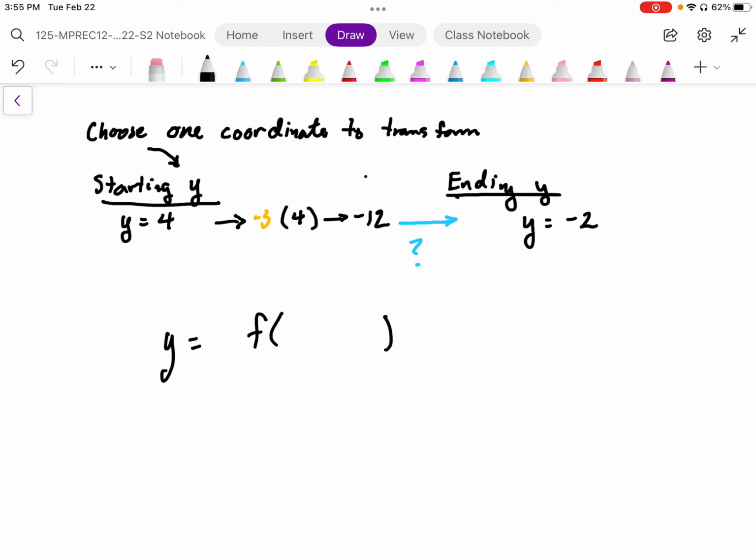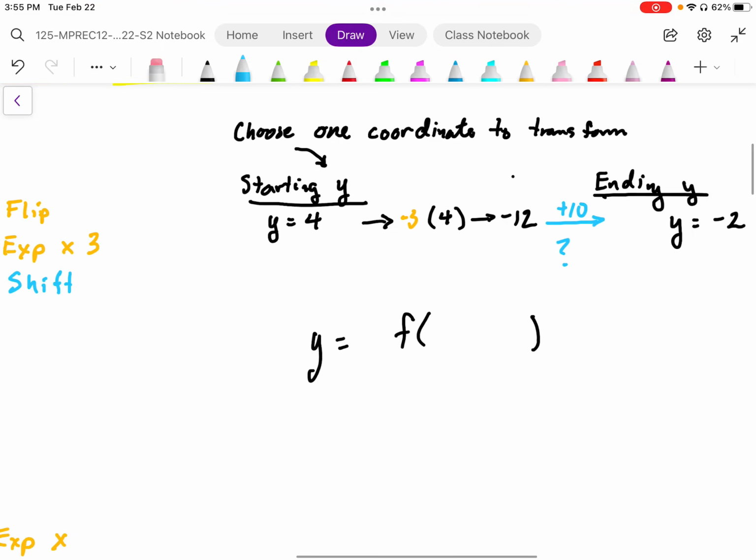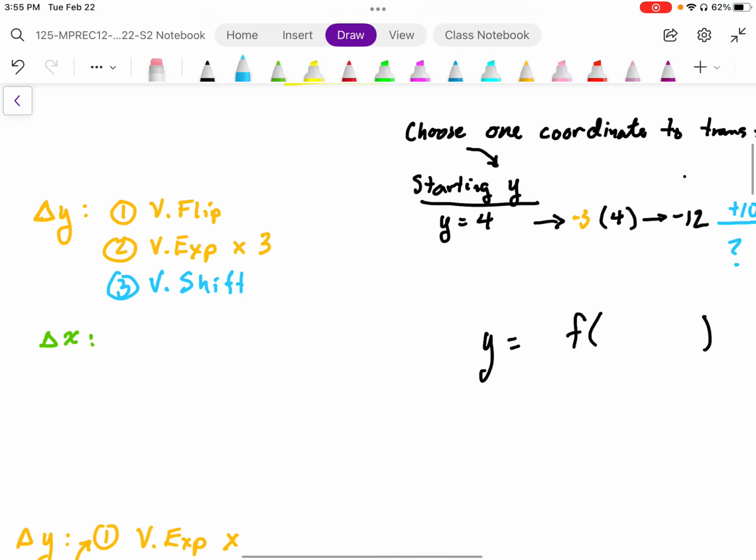So what needs to happen? That's the vertical shift that goes from -12 to -2. The shift that I need to get it in the right spot is a +10 shift. So then that's my vertical shift. I've got the right shape and the right orientation, and now I have it in the right position. So there's all my y transformations.